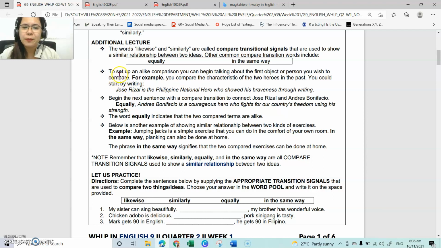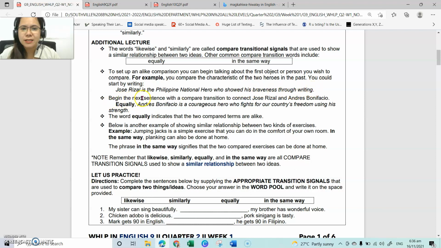Now, to set up an alike comparison, you can begin talking about the first object or person you wish to compare. Okay, for example, you compare the characteristic of the two heroes in the past. You could start by writing, Jose Rizal is the Philippine national hero who showed his braveness through writing.